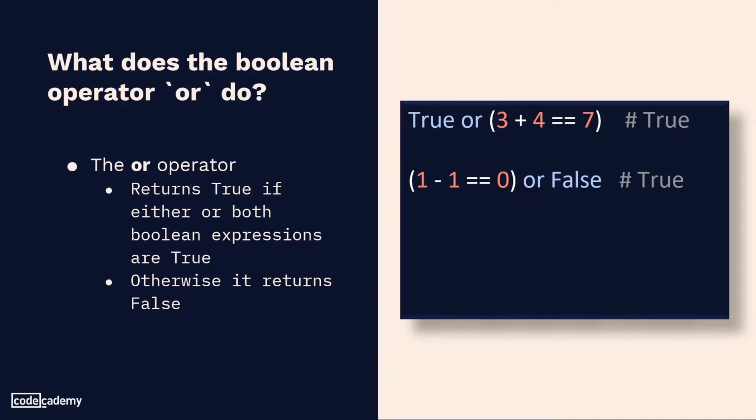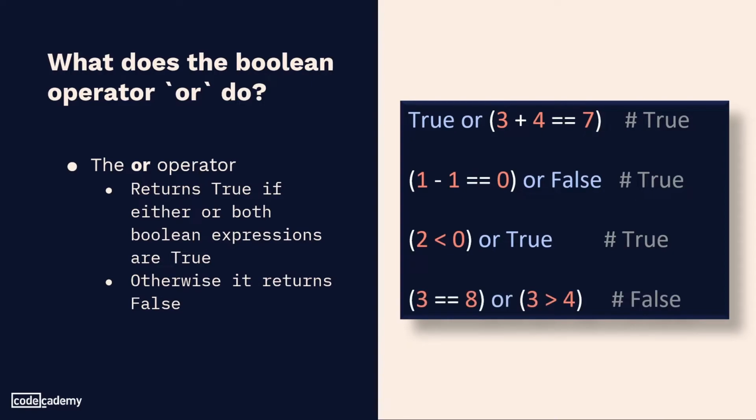Since only one side has to be true, the whole expression returns true. Then we have 2 is less than 0 or true. Since the right side is true, the whole expression becomes true. Finally, we have 3 equals 8 or 3 is greater than 4. In this case, both sides are false, so the whole expression becomes false.